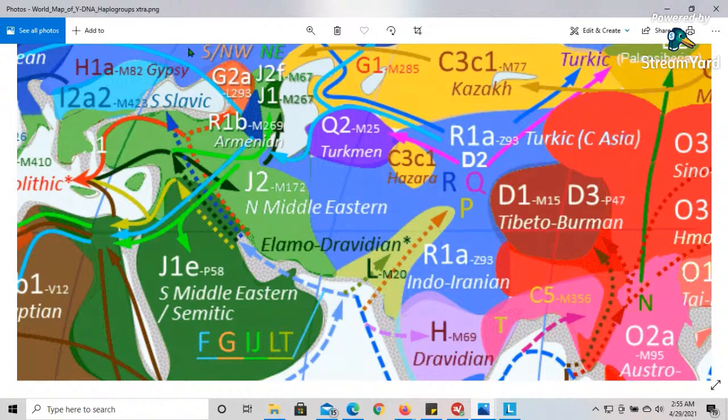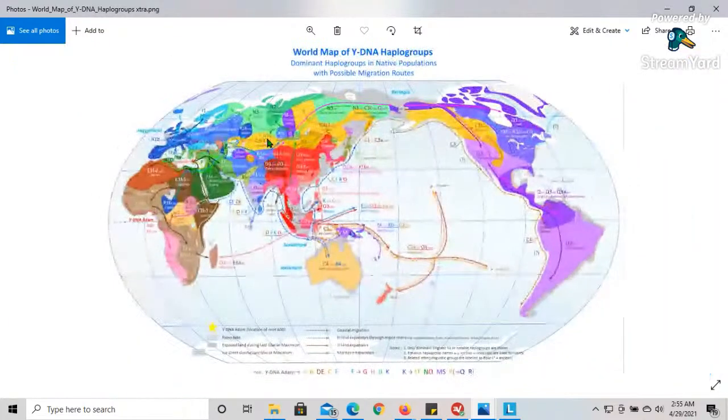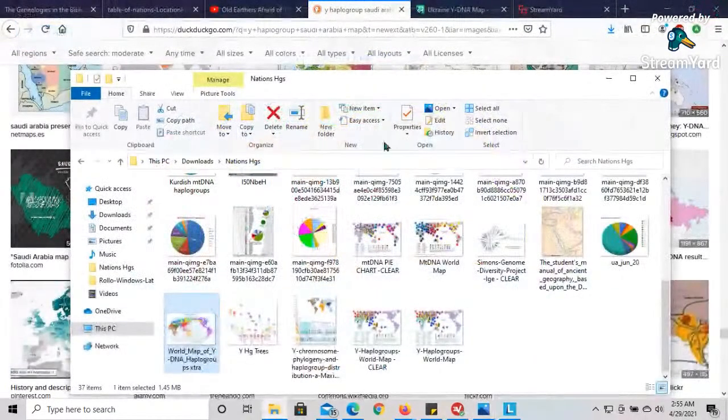The area we're looking at was right around here, just to get an idea. And of course, the Judaic is here, the I2 is here, and the I1 is up in Scandinavia. But that's not cooperating very well, so much for that.